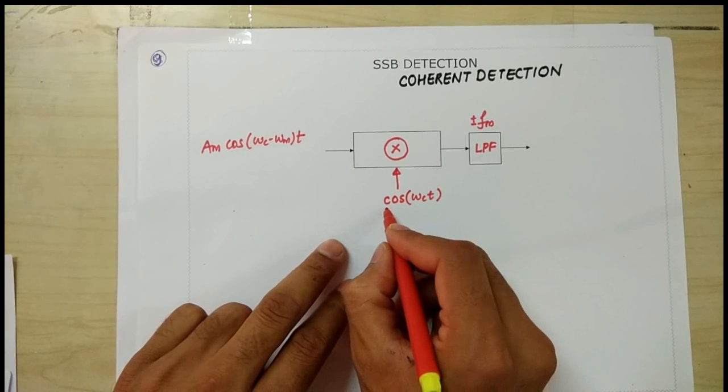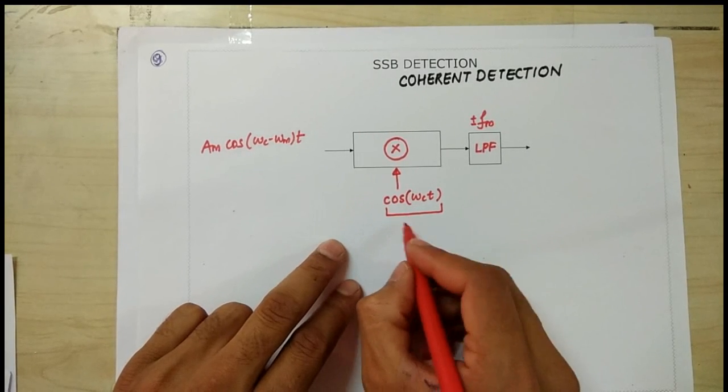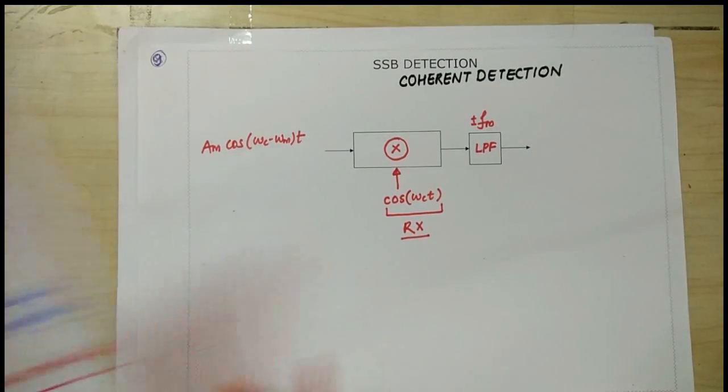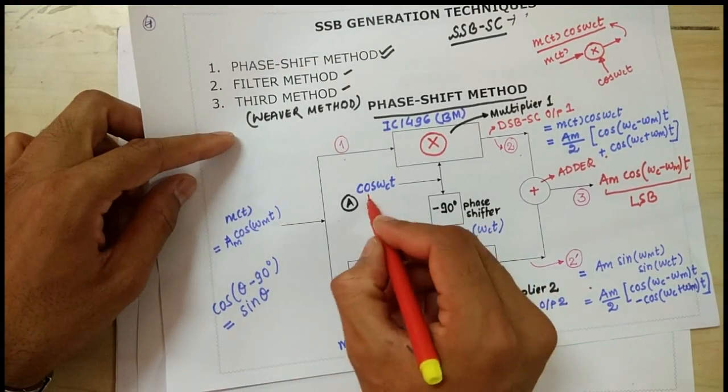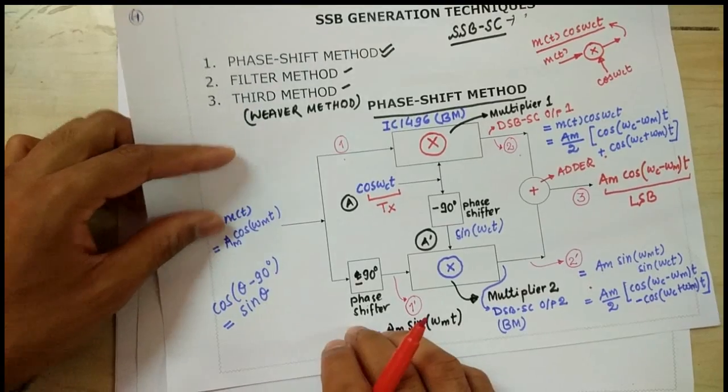So this is the carrier which we are generating at the receiver side, and here it is the carrier which we are generating at the transmitter side.